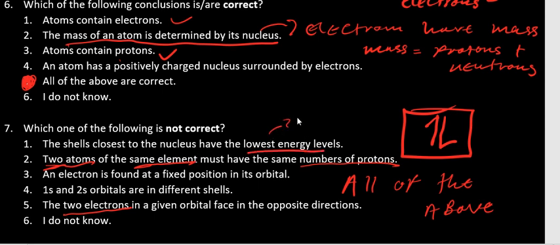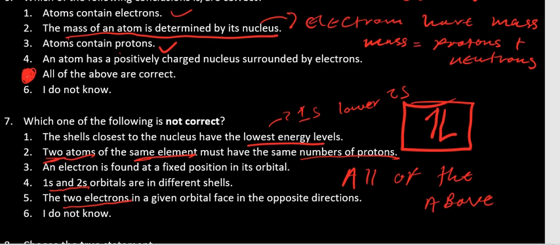For example, the 1s has a lower energy level than the 2s. Then 1s and 2s, which is correct, are in different shells. So for this one, all of the above were correct.